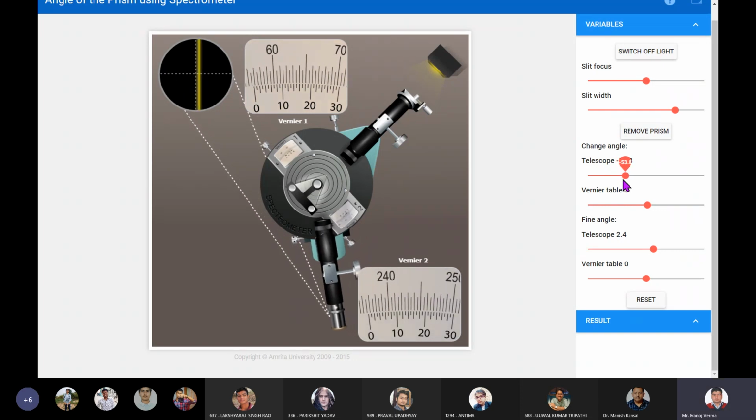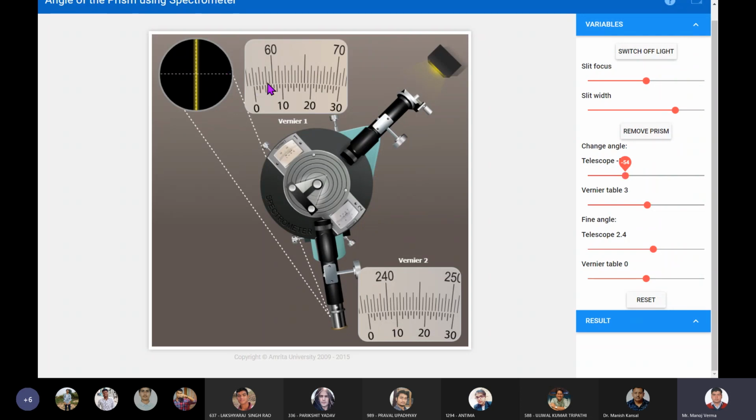Okay. Now you can see at this point, I can see the slit coming from the collimator, and after being reflected from the prism, I am getting these observations. So again, note down these observations.